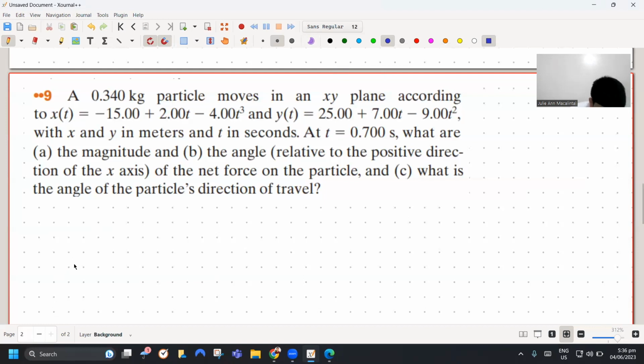Okay, so ano yung information available sa atin? So we have position versus time, right? Opo.